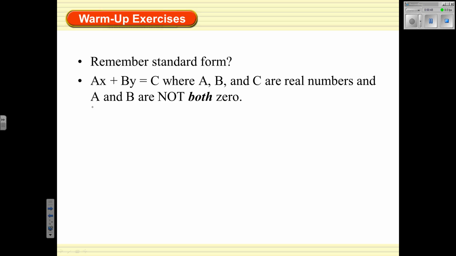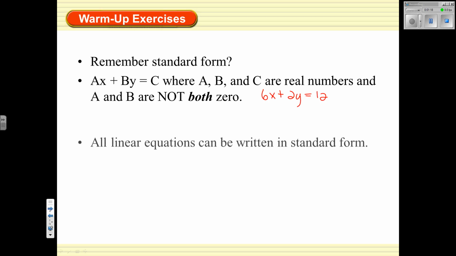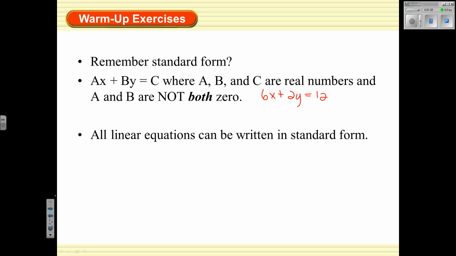An example would be 6x plus 2y equals 12, something along those lines. That would be a linear equation written in standard form. We could manipulate this and get it into slope-intercept by solving for y. So all linear equations can be written in standard form.